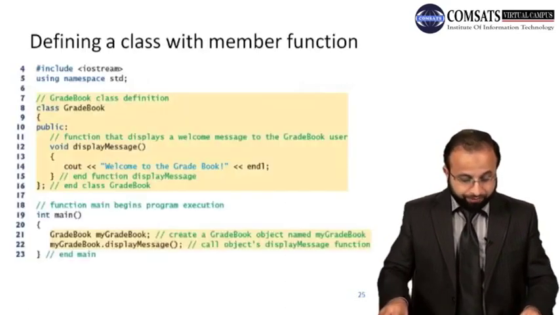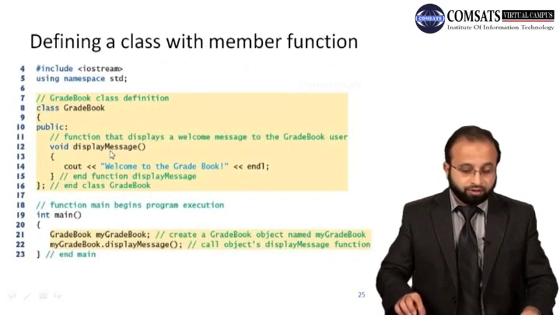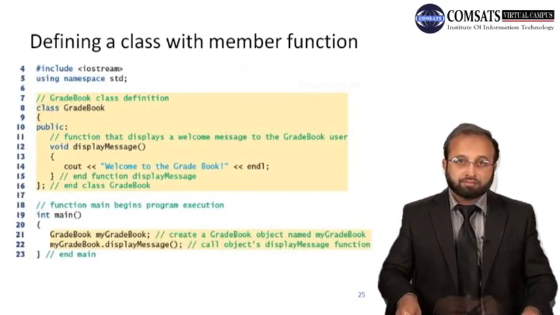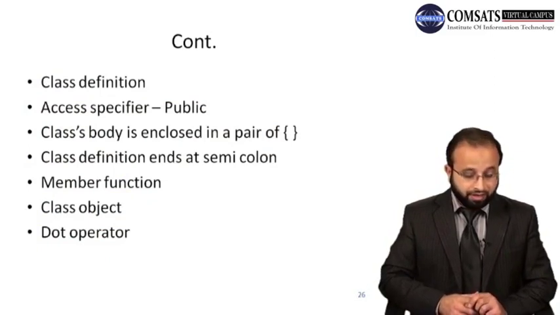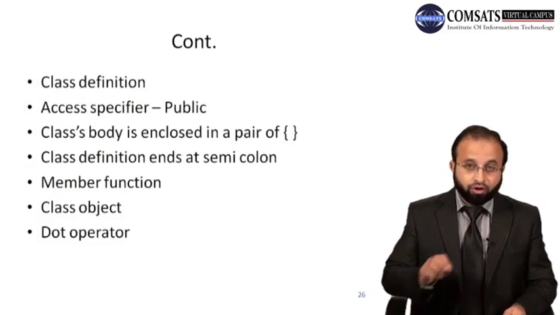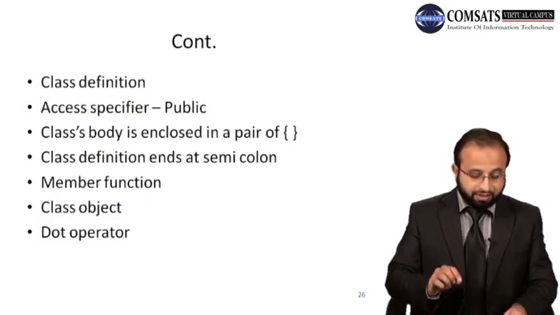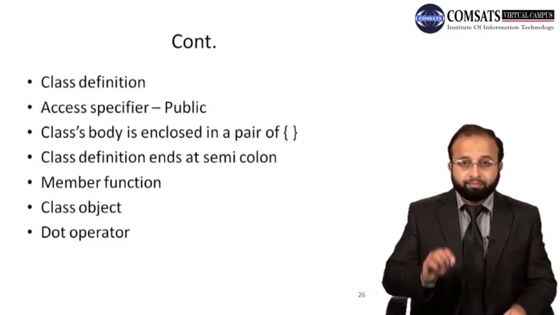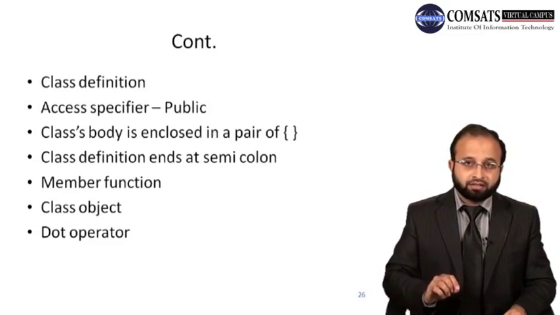In the previous example, the member function is display message, which is the member function of the gradebook class. Then we have seen a class object and the dot operator.